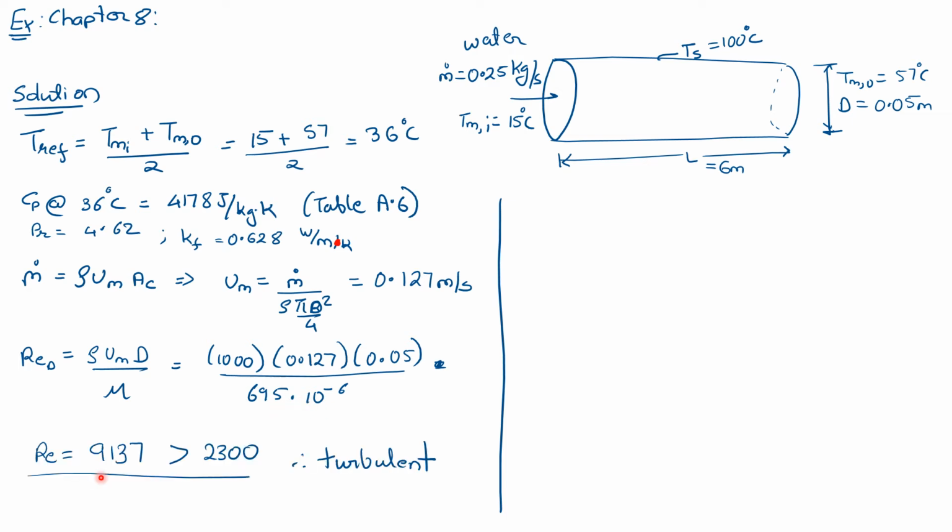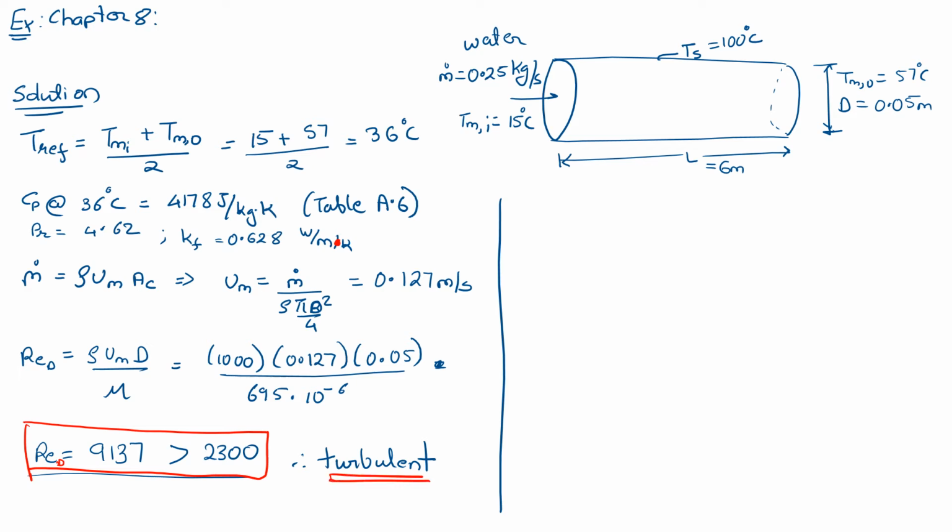This gives us a Reynolds number of 9137. The critical Reynolds number for internal flow is 2300. So because our Reynolds number is greater than this, our flow is turbulent.